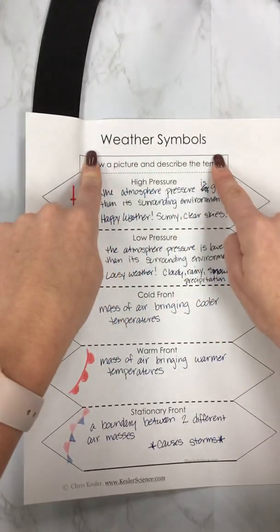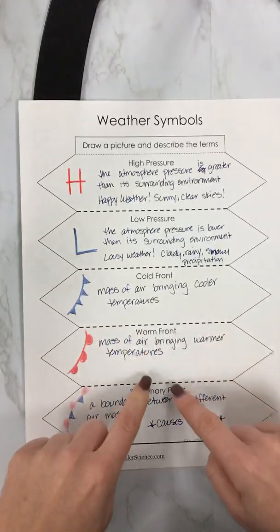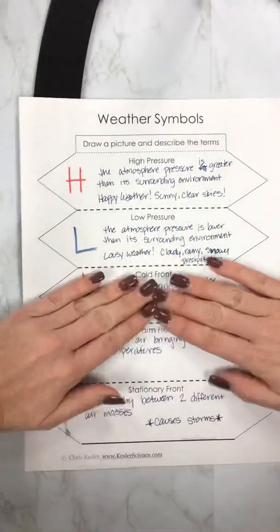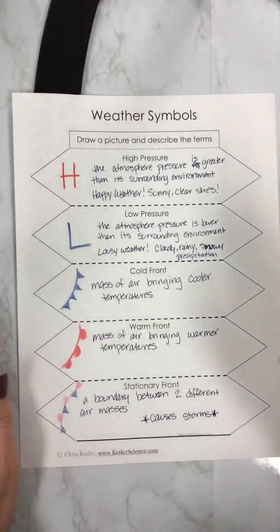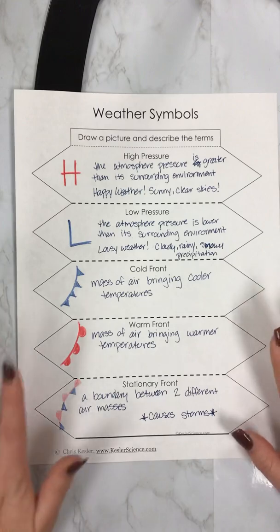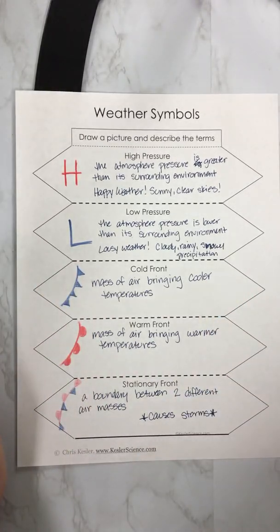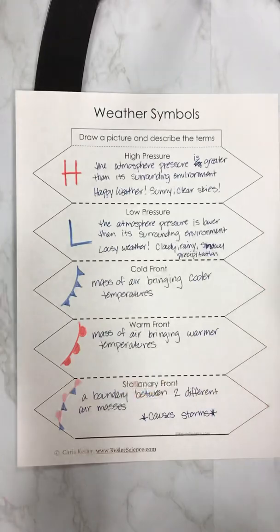This is how you're going to tape it into your notebook. And you are going to fold along each of these dotted lines to create an accordion style folded note set. I will have an example up on my desk. If you are not sure after you cut it out what exactly to do, come see that one, and then we can get started on the next set of notes where you're going to be using all of these symbols on a weather map.